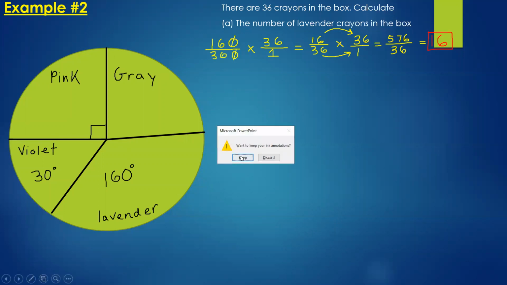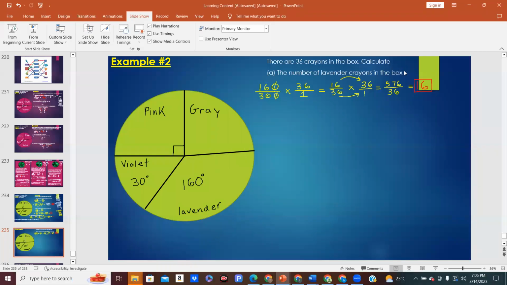Now we move on to pink. So you want the number of pink crayons in the box. How are we going to do this?